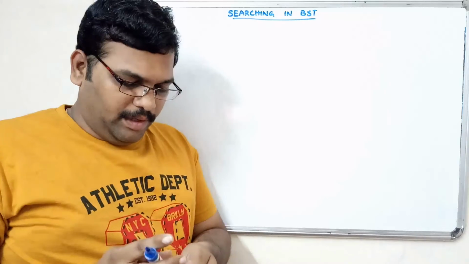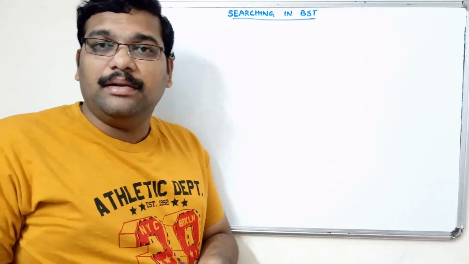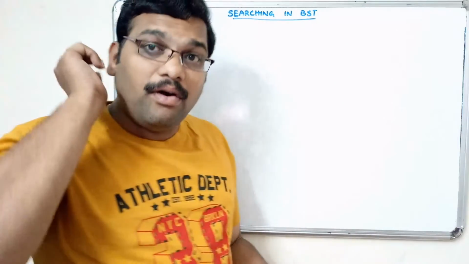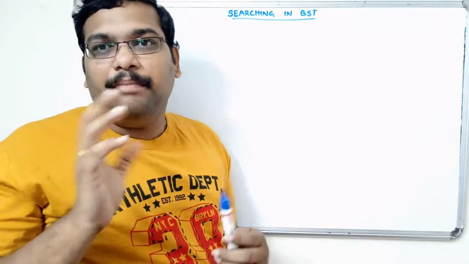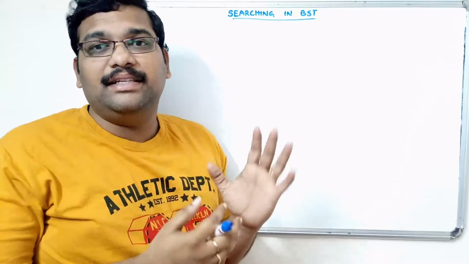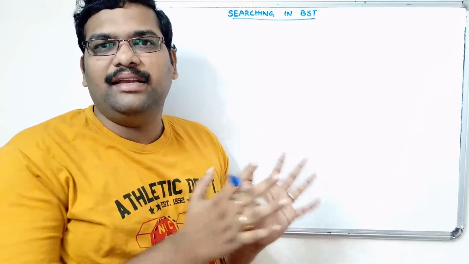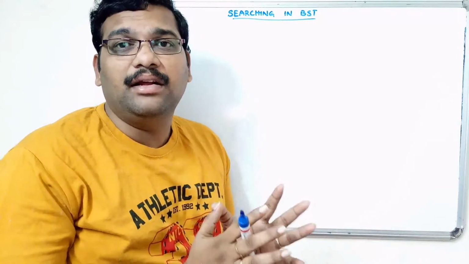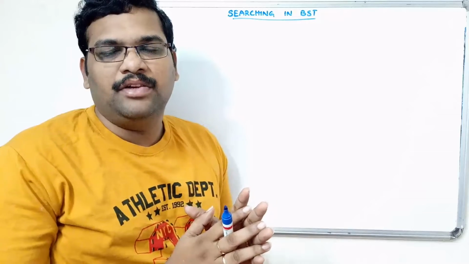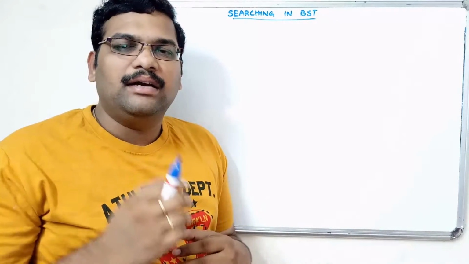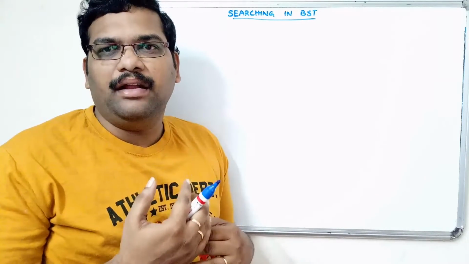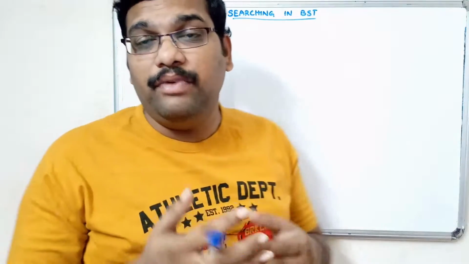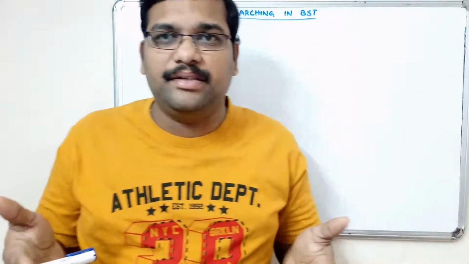In the introduction we have discussed that binary search tree is a combination of a binary tree and a binary search. So searching is very easy in binary search tree, and it is very similar to our binary search. In binary search we find the middle element, and based upon the middle element we divide the problem space.